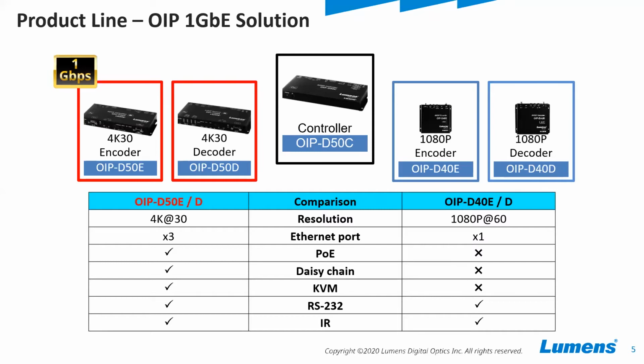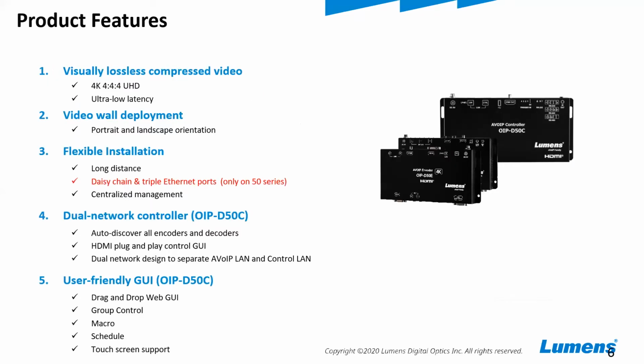So this is our 1 GB solution. For Lumens, we have a visually lossless compressed video, ultra high definition with ultra low latency. We have the ability to have a video wall, portrait and landscape orientation, very easy installation for long distance scenarios, as well as we allow the customer to daisy chain our 50 series decoders. We have a centralized management tool as well.